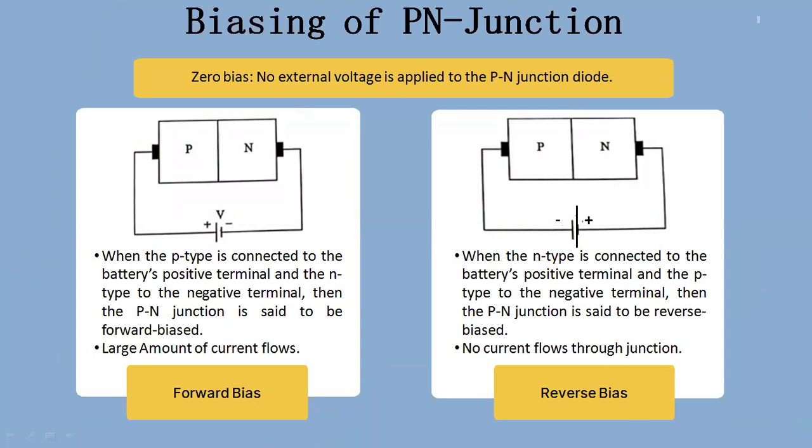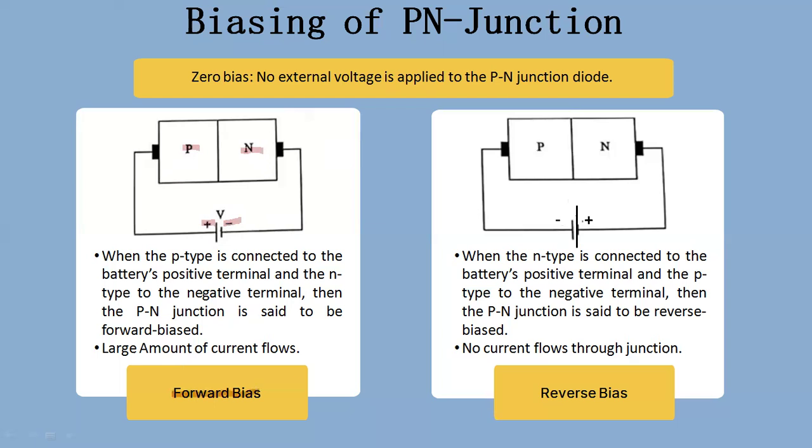Now, based on the battery connection of your diode with the external supply, we can have two types of biasing, that is forward bias and reverse bias. Whenever we are connecting the positive terminal of your diode with the positive terminal of your battery and the negative terminal of the diode with the negative terminal of the battery, this type of connection is called forward bias connection.